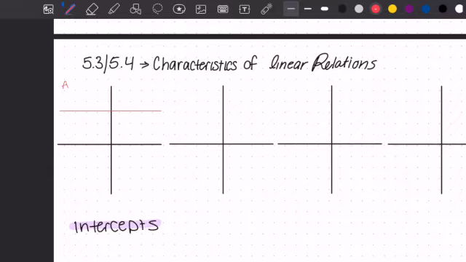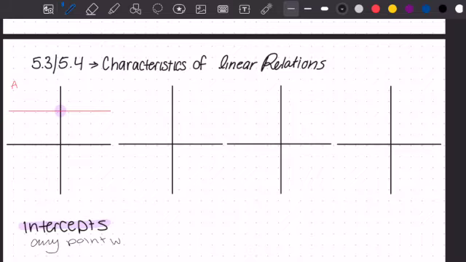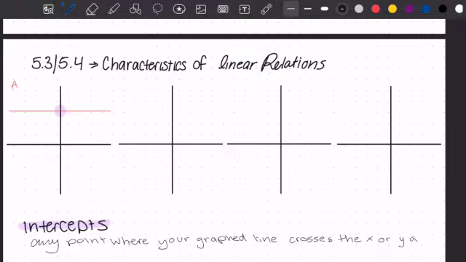In this situation, we only have one intercept. We have this part right here. Now, just to clarify, an intercept is any point where your graphed line crosses the X or Y axes.